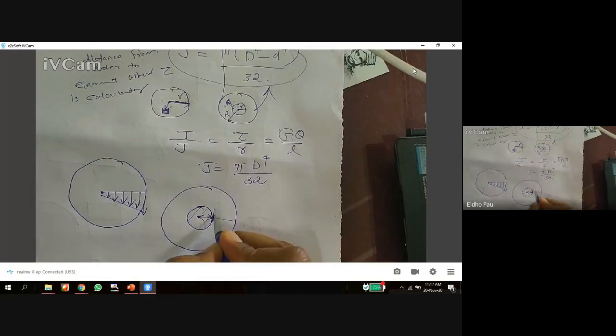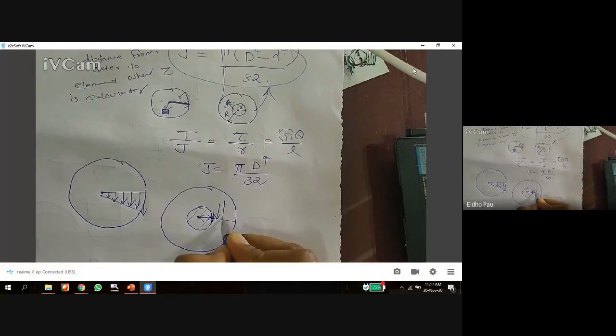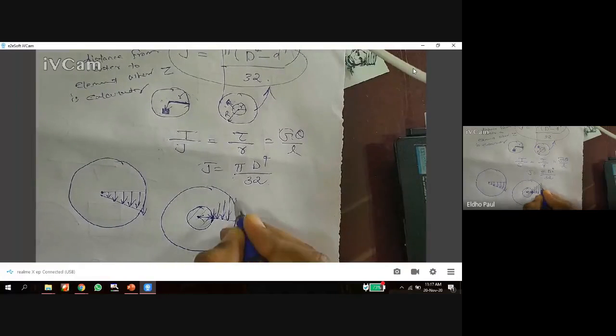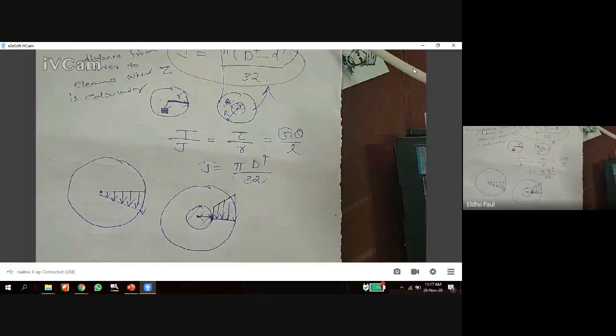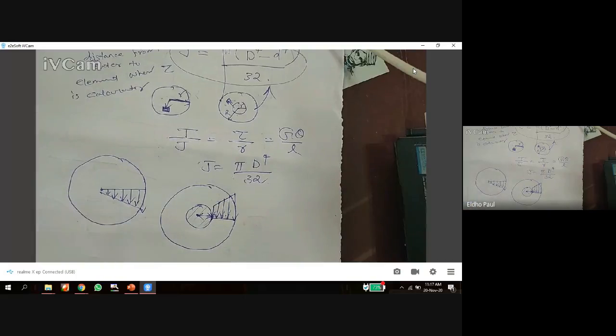Then again, the tau value increases from that value to the maximum value. So this is the distribution in case of a hollow shaft. In case of solid shaft, this is the distribution.